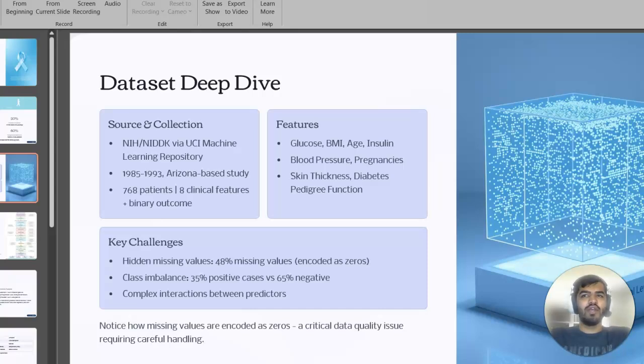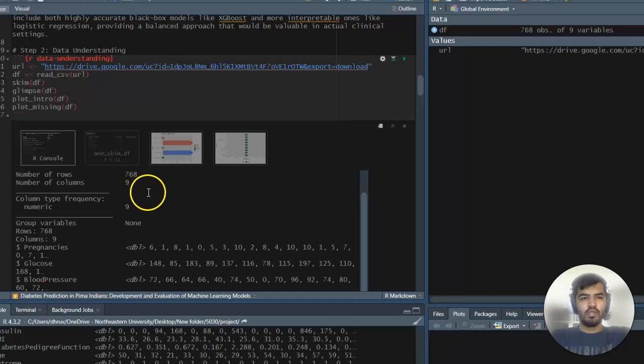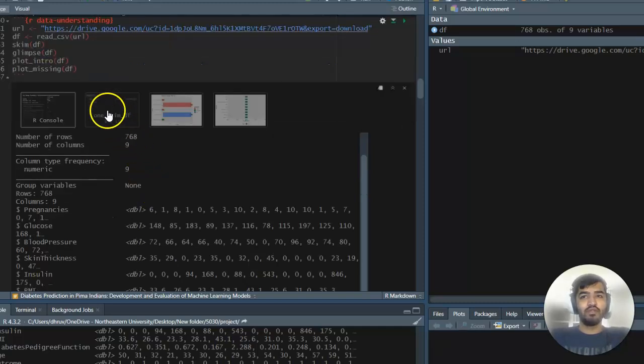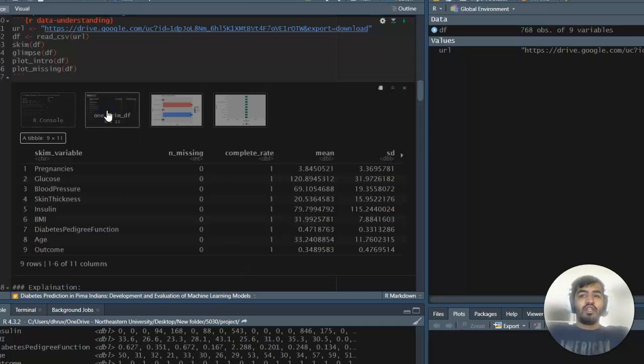It includes 788 observations with 8 predictor variables and one target variable indicating diabetes status. The predictors include pregnancies, glucose level, blood pressure, skin thickness, insulin, BMI, diabetes pedigree, and age.